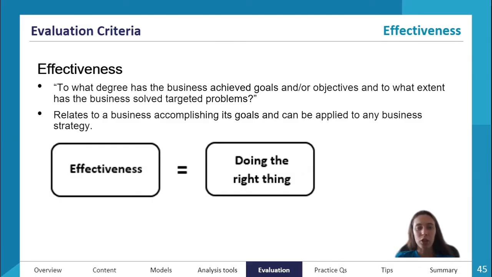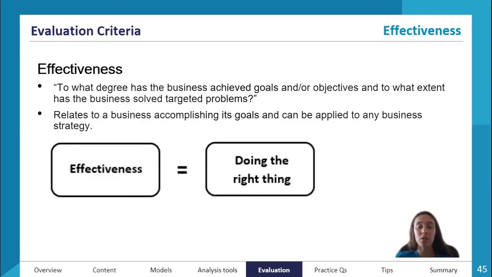Effectiveness and efficiency are the last two. There's a way that we can try to remember the difference, because they are both similar words, so it can be a little bit confusing. Effectiveness is to what degree has the business achieved goals or objectives, and to what extent has the business solved targeted problems.